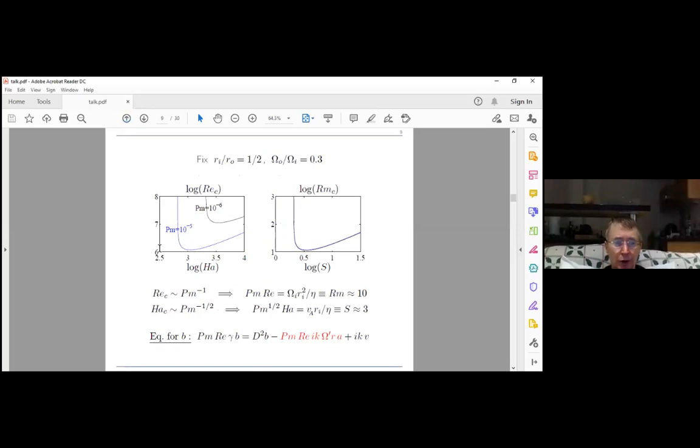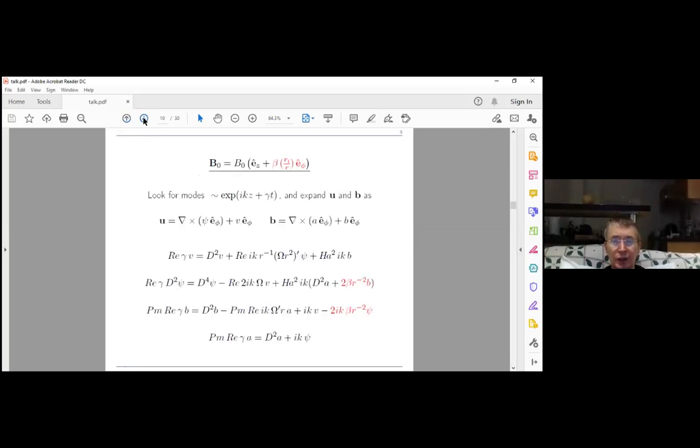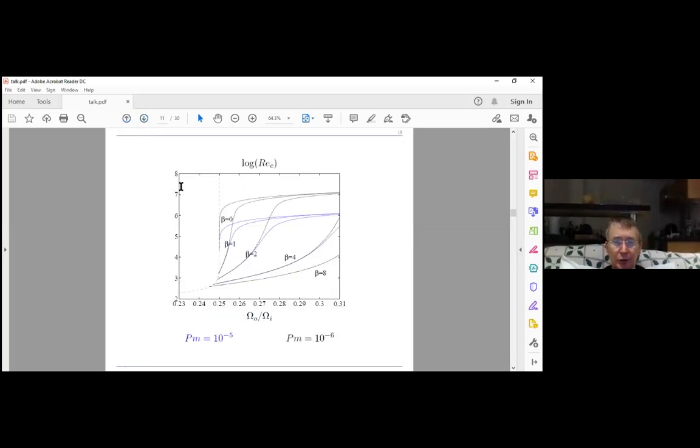What is the smallest Reynolds number where you can still get an instability? That is what we're showing here. So optimized over all possible Hartmann numbers, what is the smallest critical Reynolds number that you can get? And now we are also showing the entire range of that rotation ratio, omega outer over omega inner.